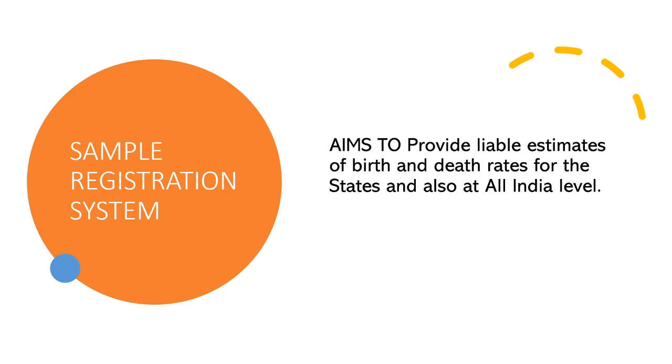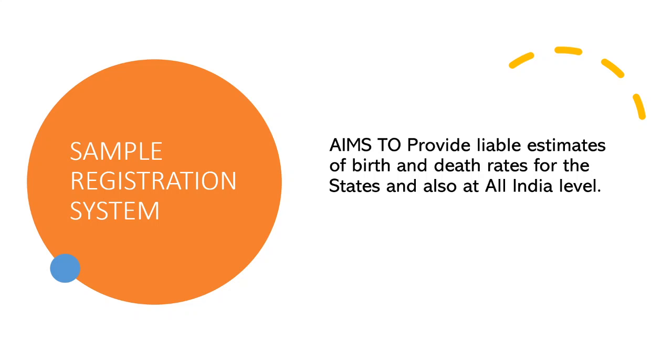Next one is the sample registration system. The civil registration system in India has a lot to be improved and would require a huge effort and time. The Sample Registration System, or SRS, aims to provide reliable estimates of birth and death rates for the states and also at the all India level.